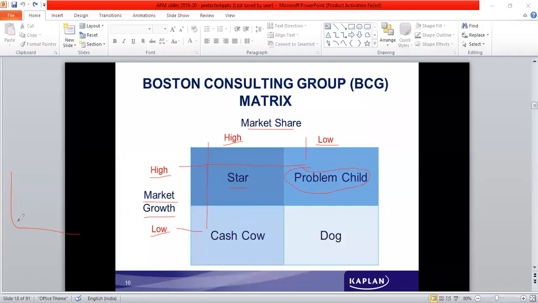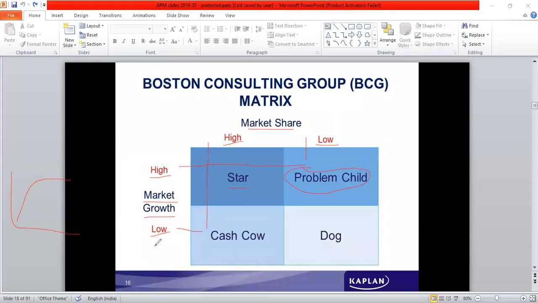As they grow, they come through introduction, growth and then maturity. As they touch maturity or are saturated at that point, there is no further scope for them to grow.